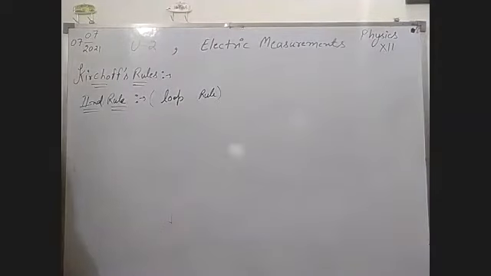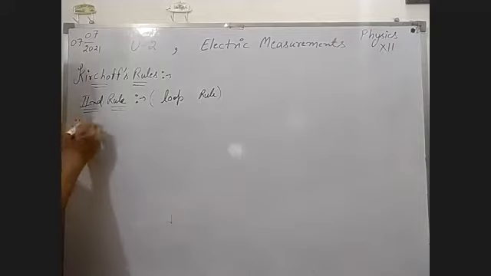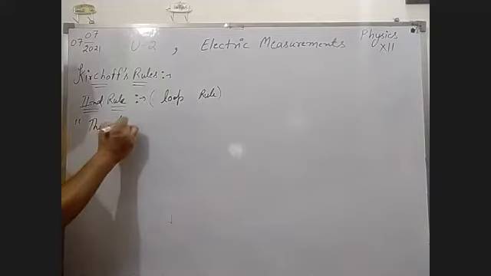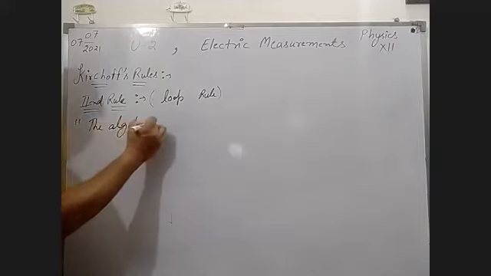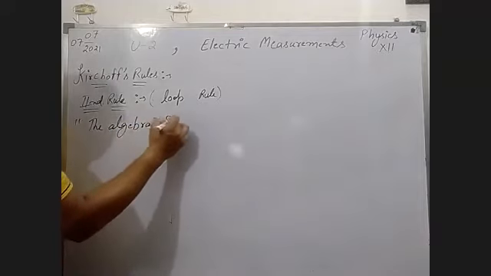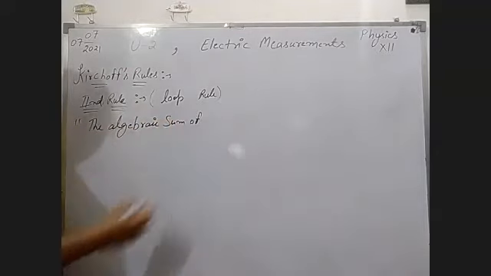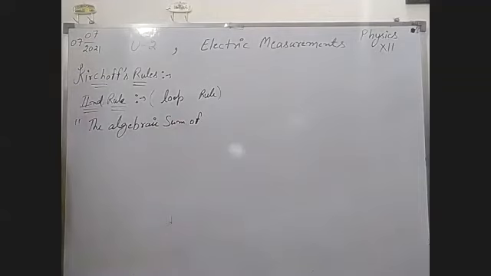Kirchhoff's second rule: around any closed loop of a network, the algebraic sum of changes in potential must be zero.